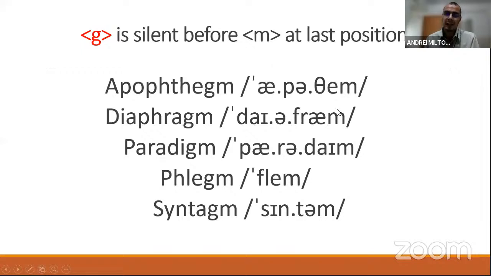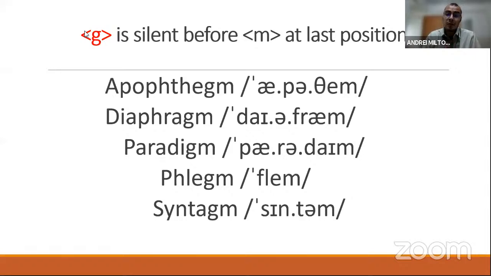Now, next silent letter. So we have G that is silent before M in the last position. What I'm doing here is trying to give you some patterns that are really general, so if I give you this, you will be able to apply this rule in many words. There are many other words with silent letters, but it's really difficult to figure out when you should pronounce them or not.